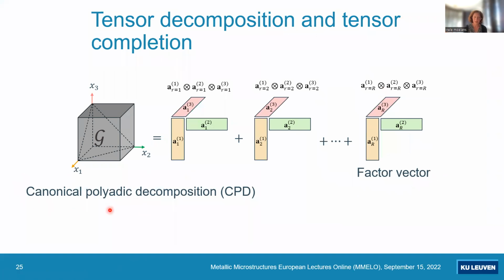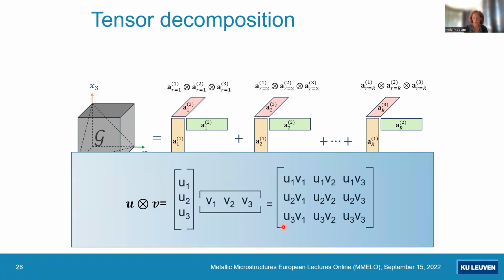And in algebra, it is known that you can decompose every tensor in a summation of outer products of vectors. So if you don't know anymore how you do an outer product, if you have just a two-dimensional tensor, so a matrix, then you could compute outer products as the vector u1, u2, u3 multiplied with v1, v2, v3.